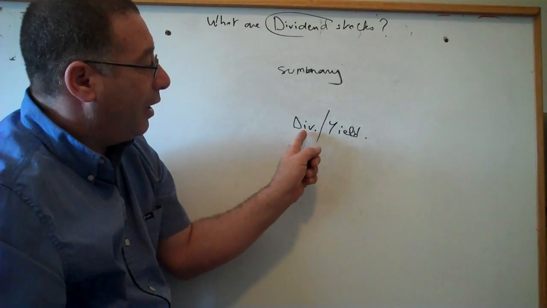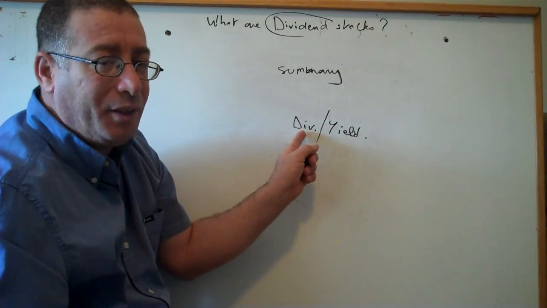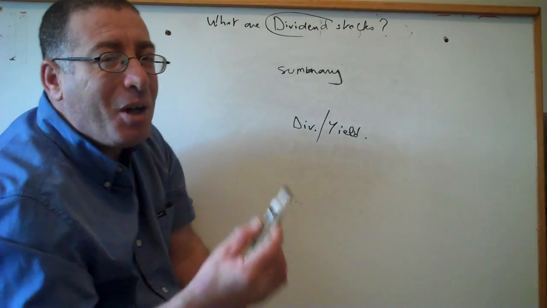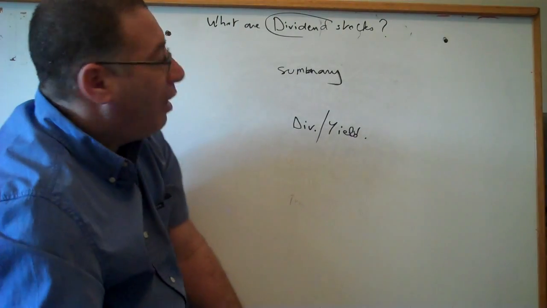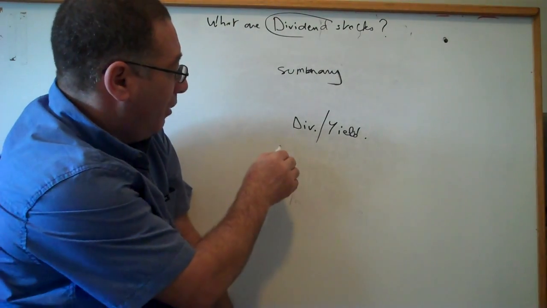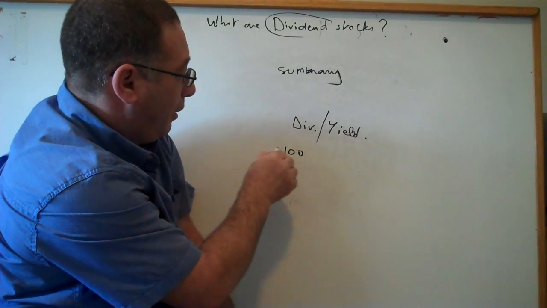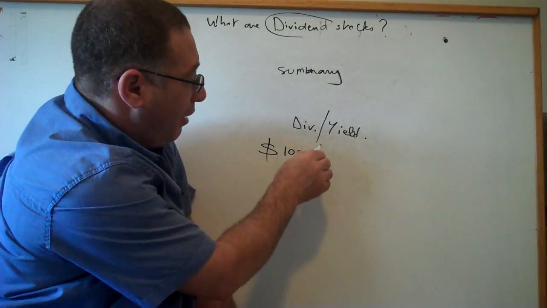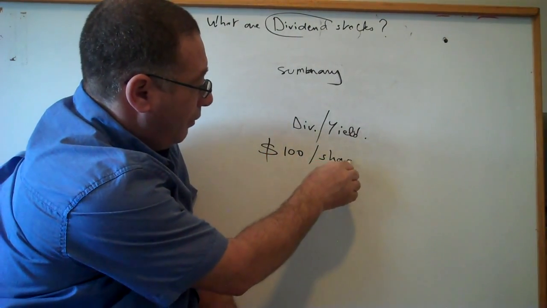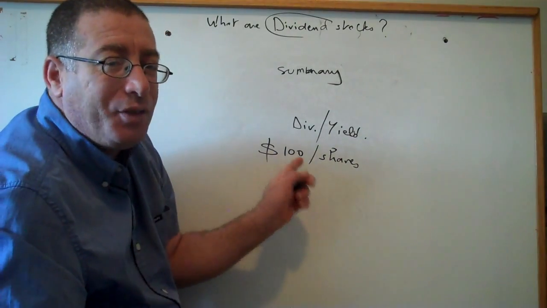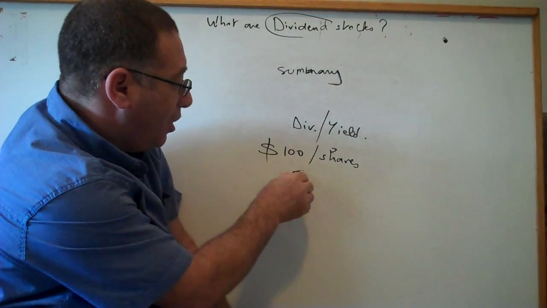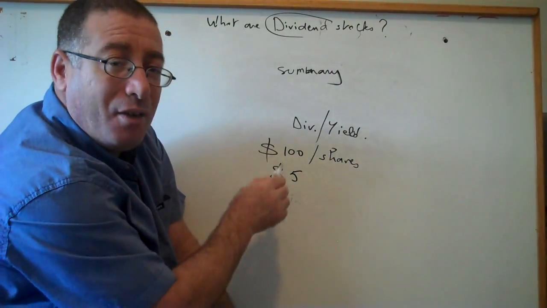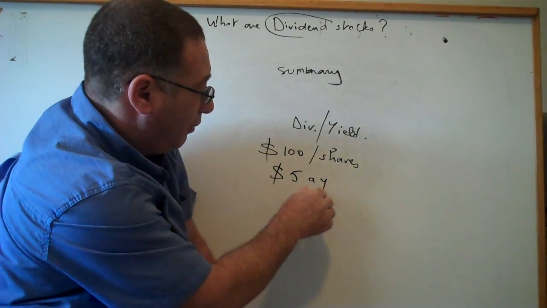Now, div is short for dividend. They give you how many cents or dollars. For example, a stock is $100 a share, and it gives, for example, $5 a year.